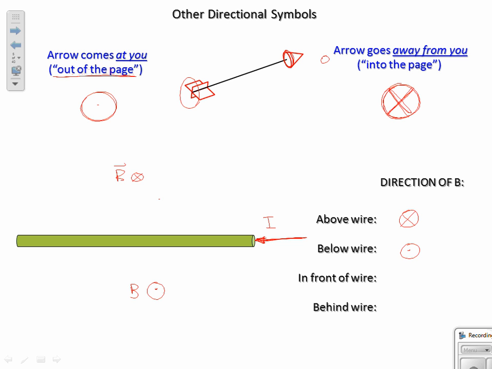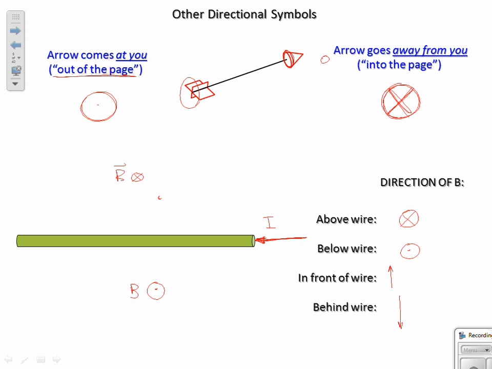Now, in front of the wire, we can actually do this one. Here are my fingers trying to jam into the page above the wire. Well, let's go behind the wire first. Behind the wire, my fingers would point down that way. In front of the wire, they'd come out of the page below the wire, and then they'd be pointing upward.